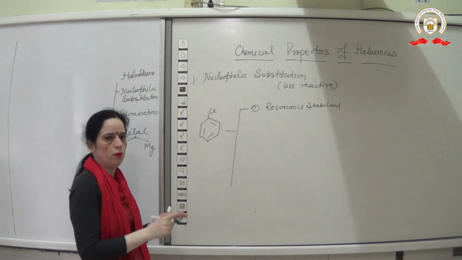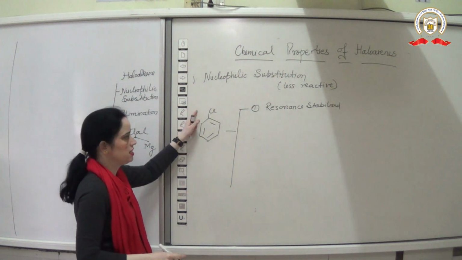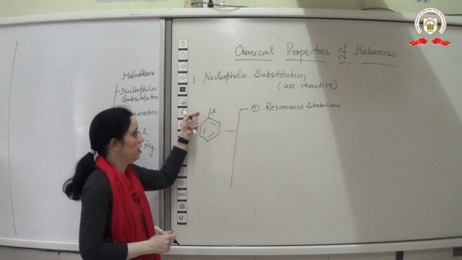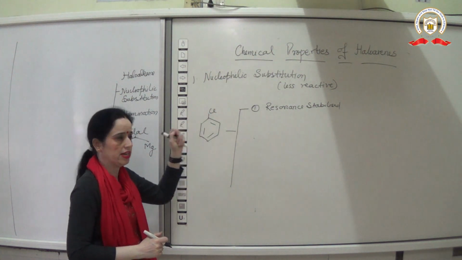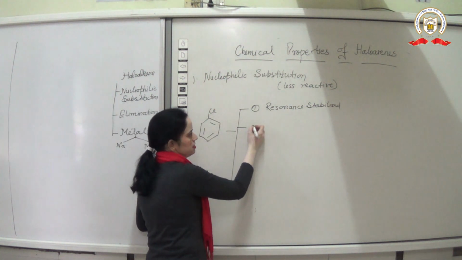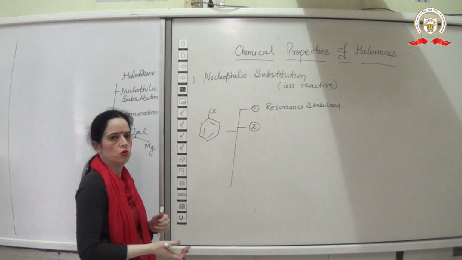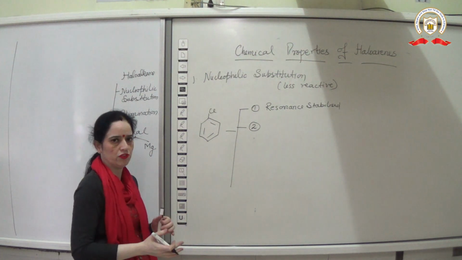Although it is ortho-para directing, since Cl is a minus I group, it is deactivating in nature. Second, due to resonance stability, it is not allowing chlorine to get substituted by any other nucleophile.